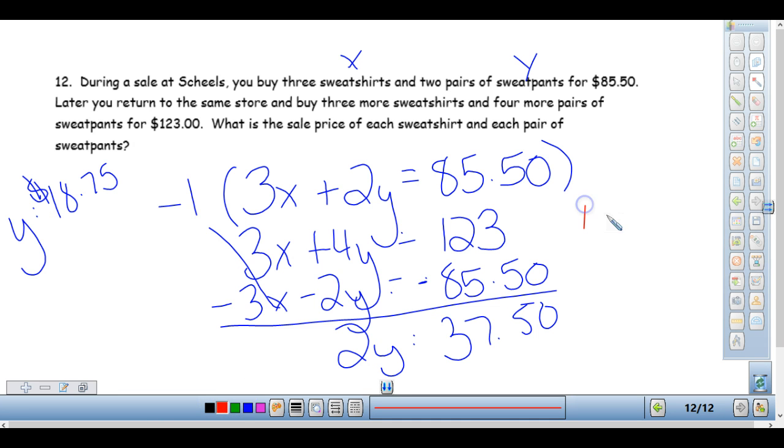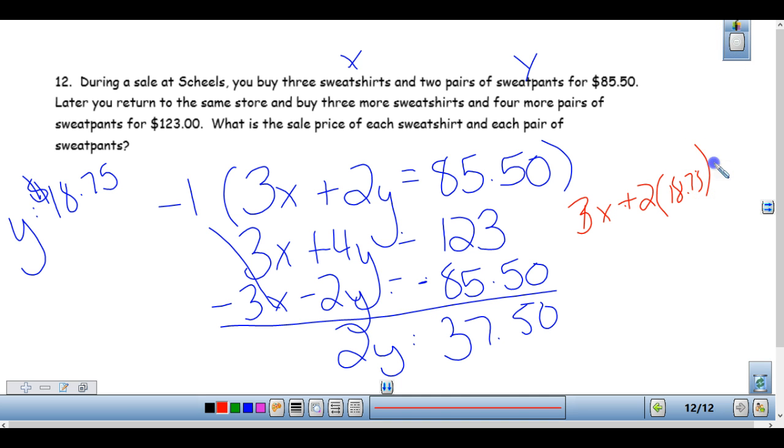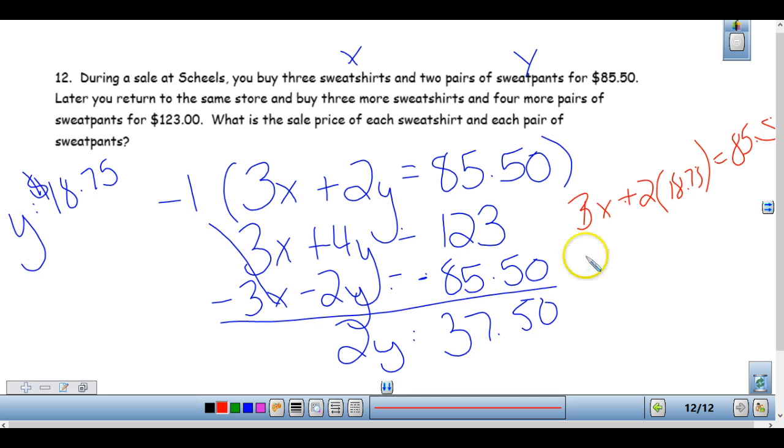We plug that in. We've got 3x plus 2 times 18.75 equals 85.50, or 3x plus 37.50 equals 85.50.